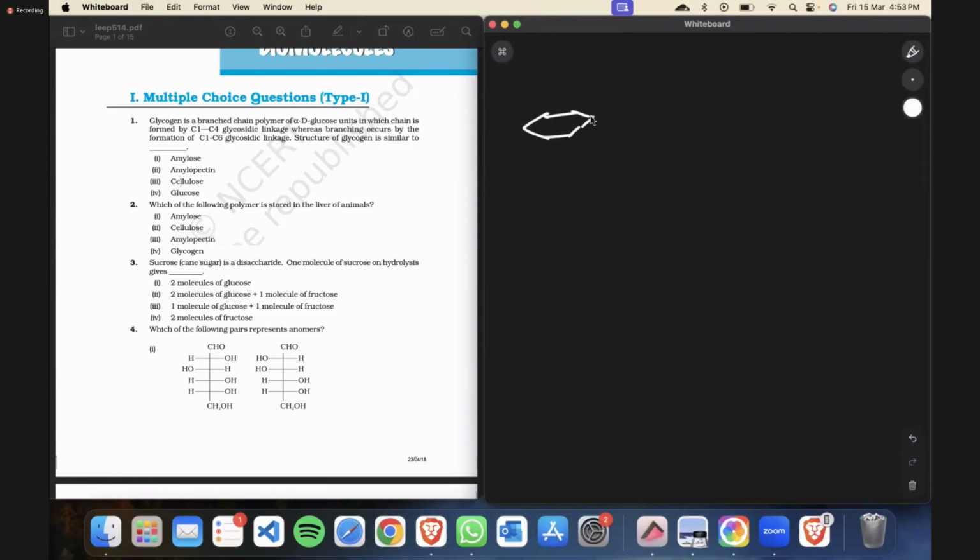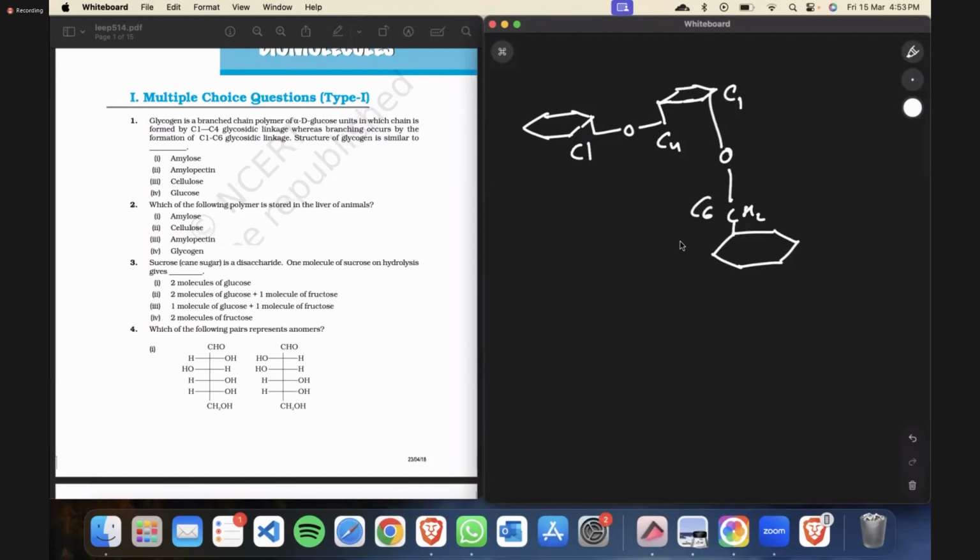This is C1-C4 linkage, but the branching which does occur is due to this C1-C6 linkage. Now here comes a CH2, and then we have again this ring structure. So this is C1-C4 linkage. This is C1-C6 linkage.